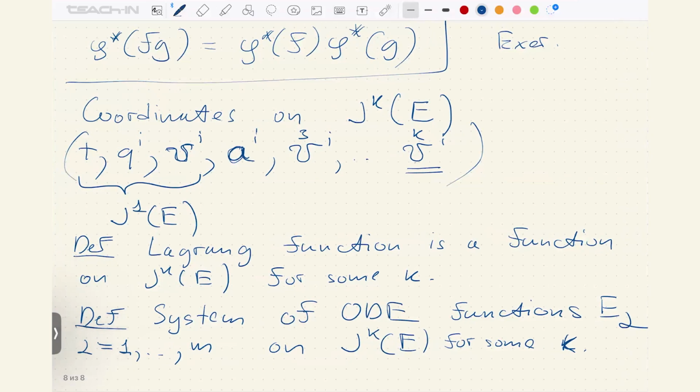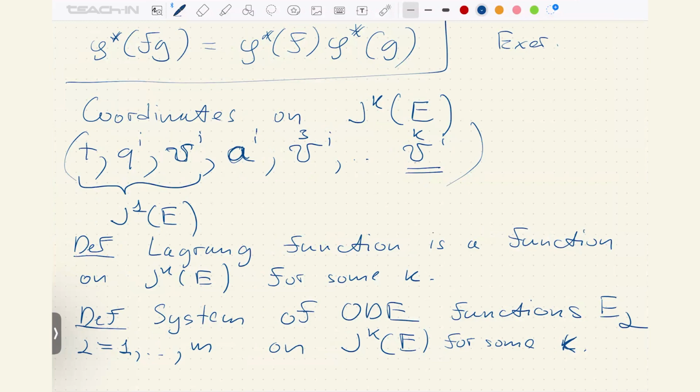And so now indeed we can define, you see, Lagrangian and system of ordinary differential equations as certain functions defined on a certain finite dimensional space. We don't need to talk about functional space.